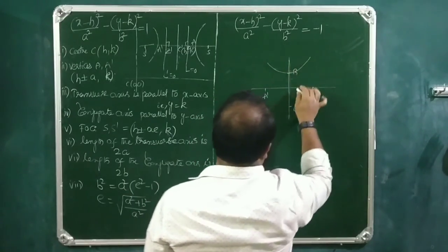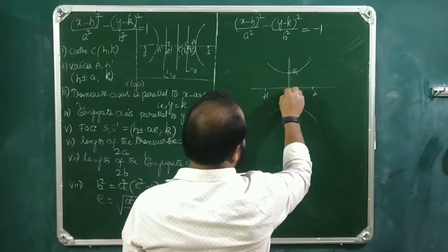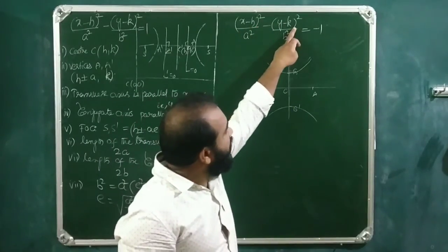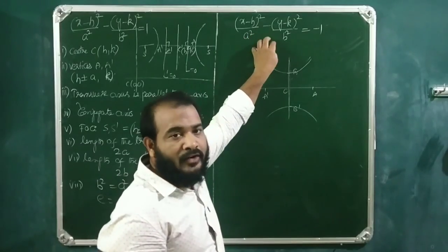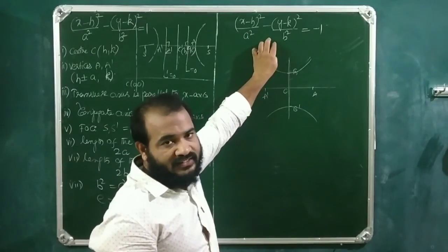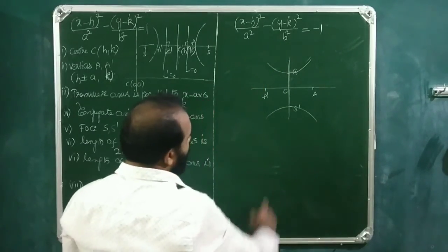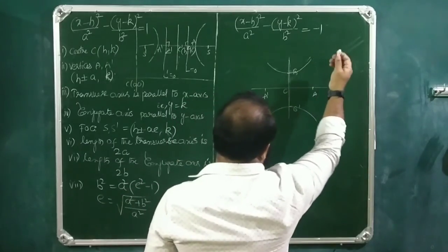This is the hyperbola earlier, with the center being at the origin. But h comma k we could see here, that means it is subjected to the transformation of axis. Shifting of origin has taken place. Therefore C is shifted to some other place.